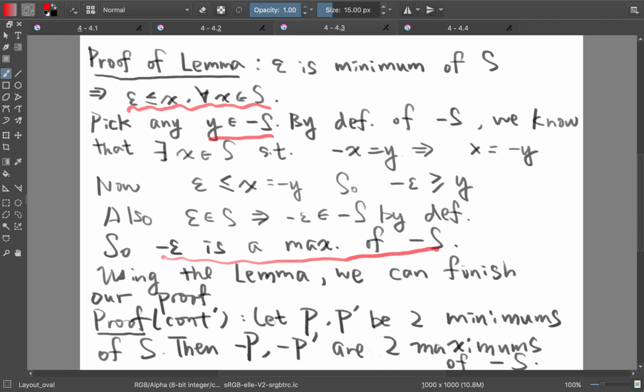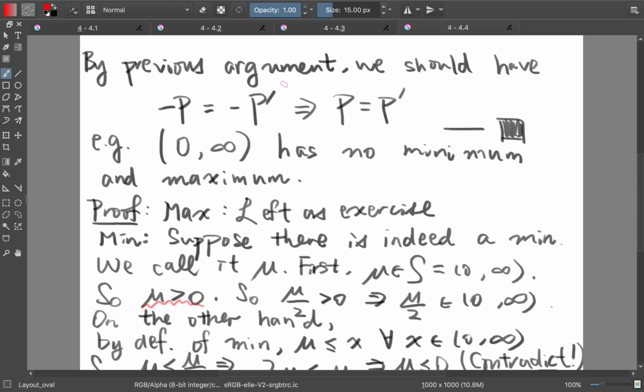So, let us assume P and P prime are two minimums of S. Then negative P and negative P prime are two maxima of negative S by our lemma. So by our previous argument, these two maximums should be the same.